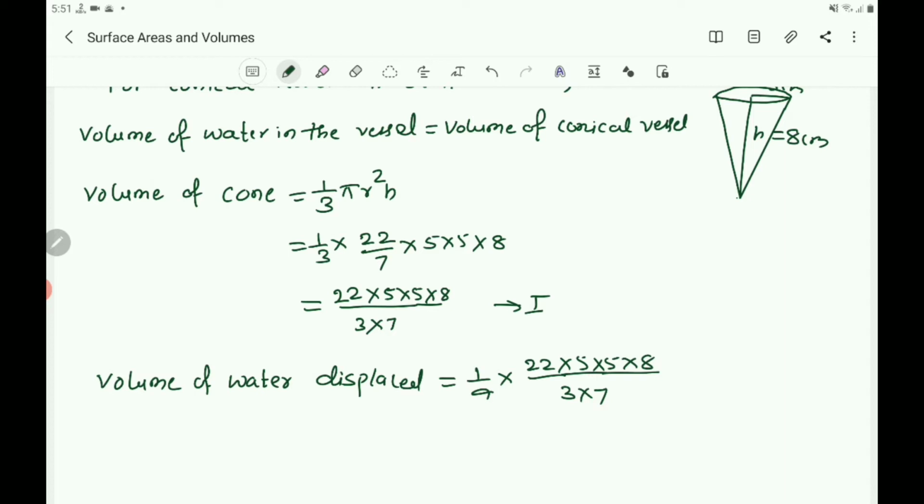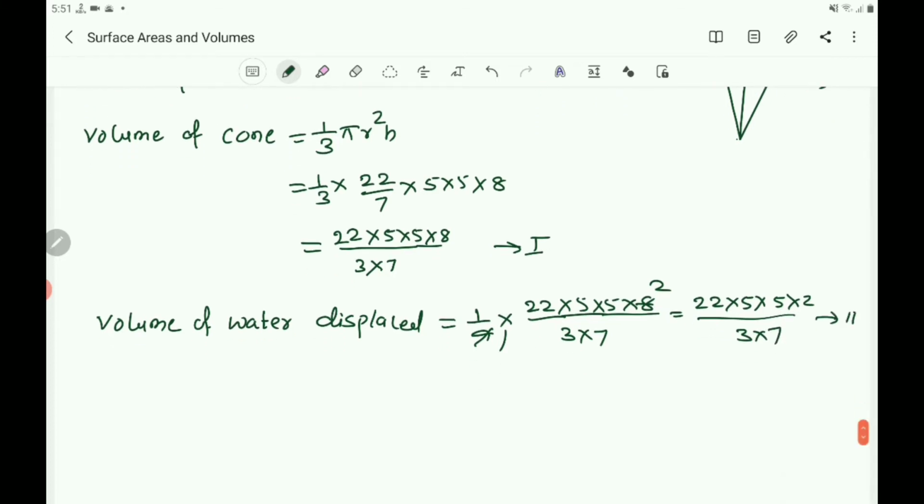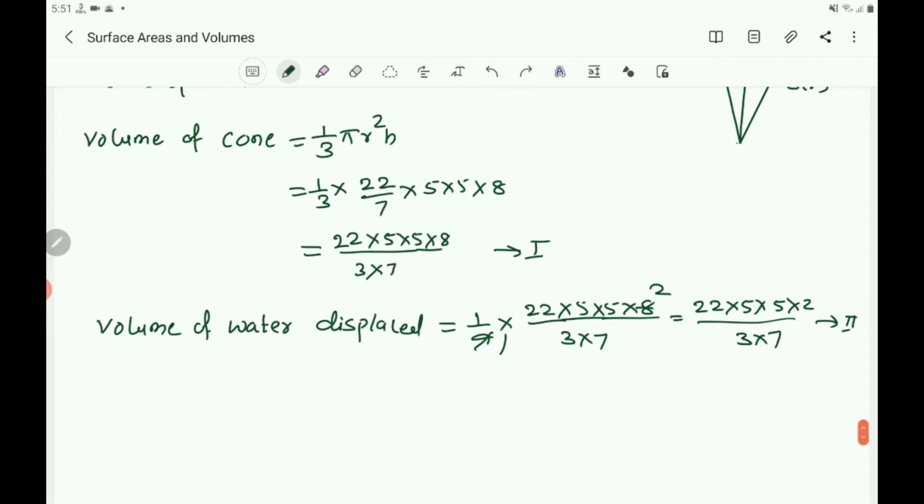Then if you want, you can divide: 4 ones are 4, twos are 8, then it is 22 into 5 into 5 into 2 by 3 into 7. So consider this as the second. That is the volume of water displaced, 1/4 the volume of the water in the cone.